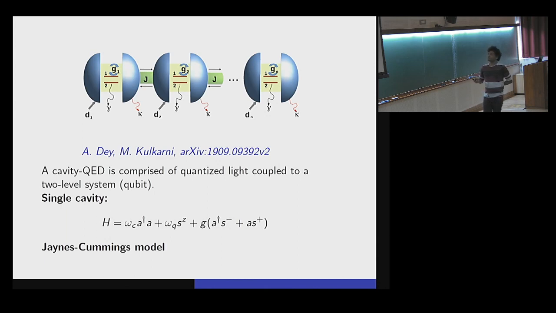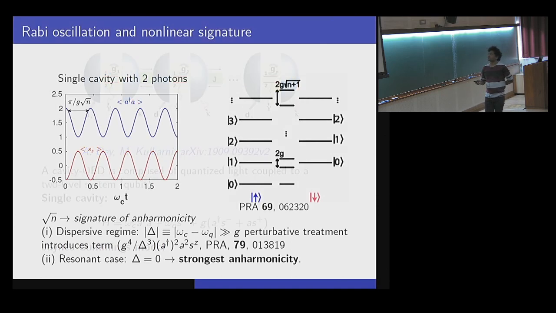Now, if we think of a single cavity, it is dictated by the Jaynes-Cummings interaction. The last term basically represents coherent exchange of energy between cavity and qubit modes. Here I take a single cavity with 2 photon content, and for an idealistic situation we suppress all the decay channels and the drive.